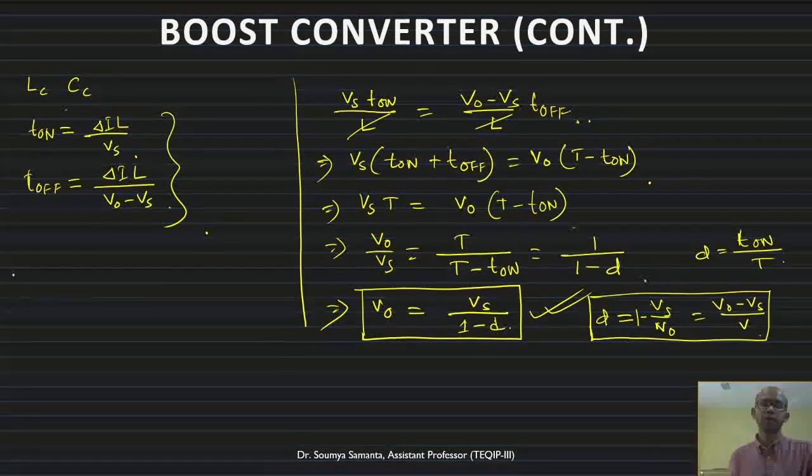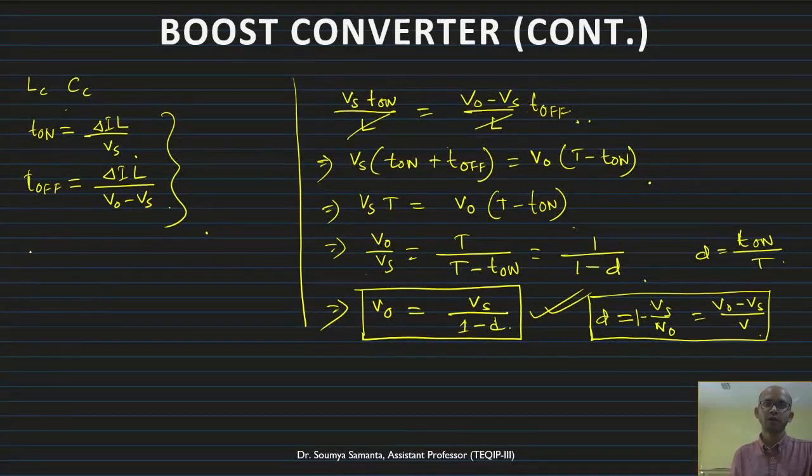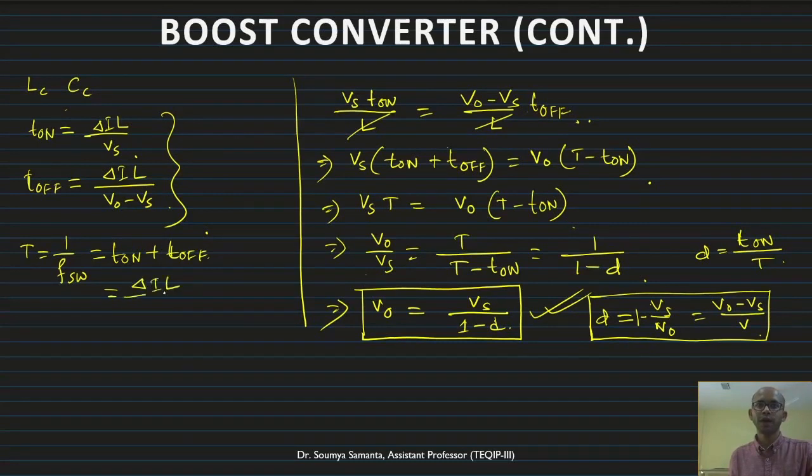If I solve this, the total time period, which equals 1 by FSW, equals T on plus T off, which equals delta I into L times Vo by Vs into (Vo minus Vs). This is the final expression.